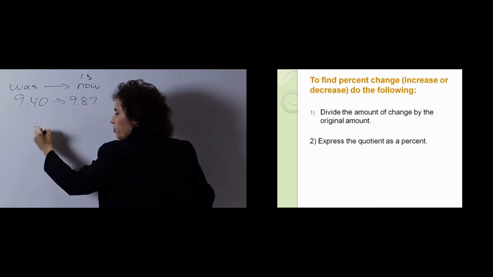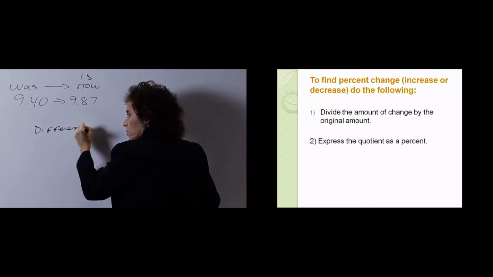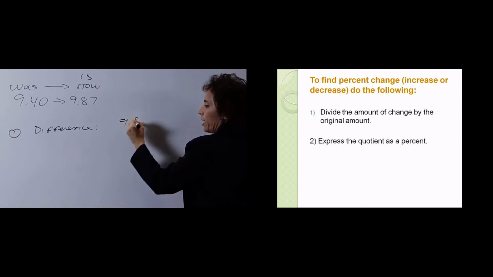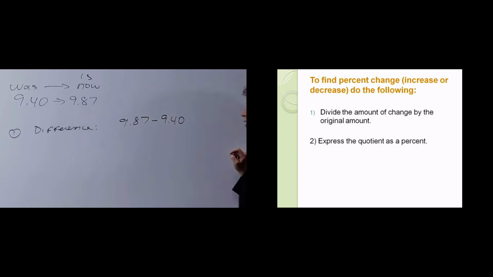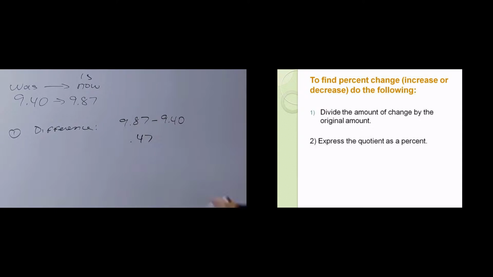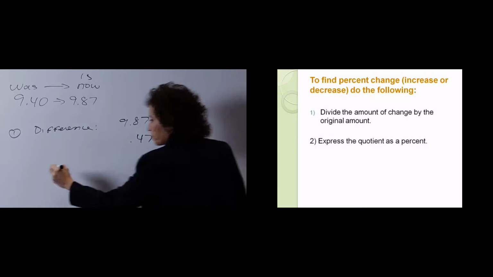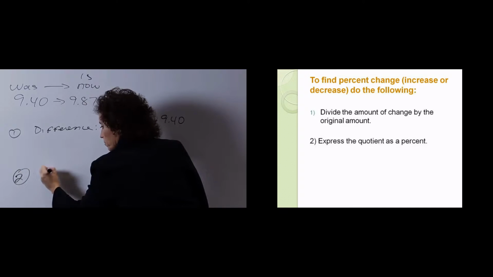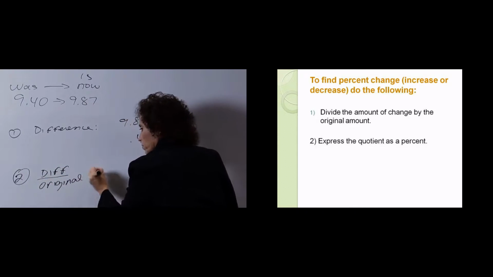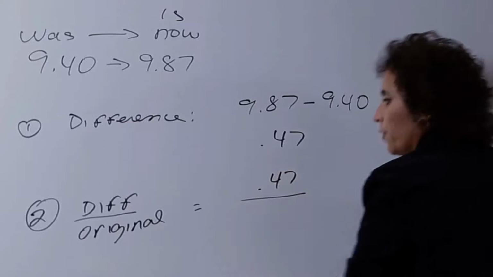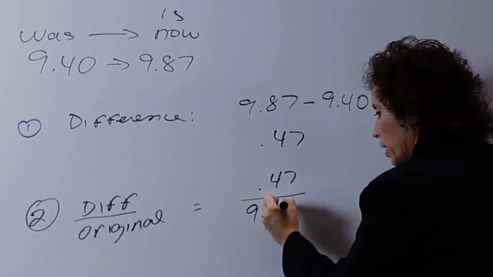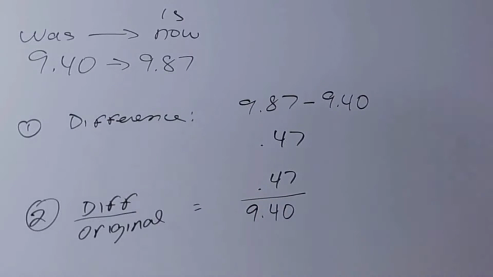We're going to take the difference in his salary, which is 9.87, biggest number first, subtract 9.40, which is 47 cents, and we're going to divide it by the original. So we're going to take 0.47 and divide it by the original. The original salary was $9.40.